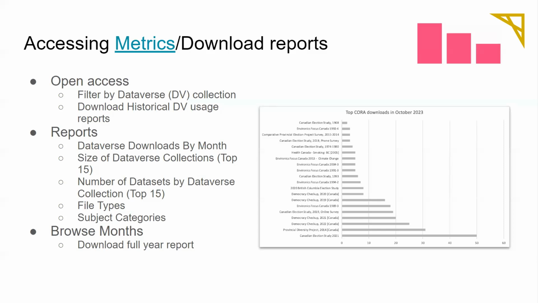So this allows you to really flexibly look at usage and metrics in the Odesi repository, but also Borealis as a whole. And you can get these either in a monthly report, or you can download a full year report into an Excel spreadsheet.